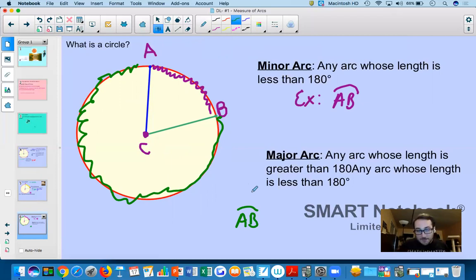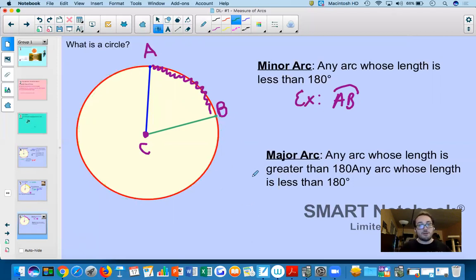So there's a couple of things. Number one, if you're going to name an arc just like this, you always assume that it's the minor arc. I'll say that again. If I name an arc AB, you're always going to assume that it is the minor arc.